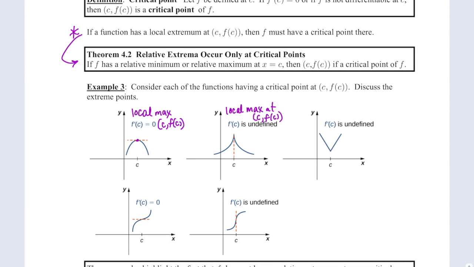And in the third one, we have a corner, so another place where the derivative is undefined, and we have a local min at c, f of c.